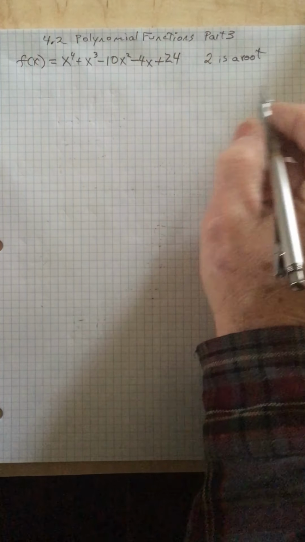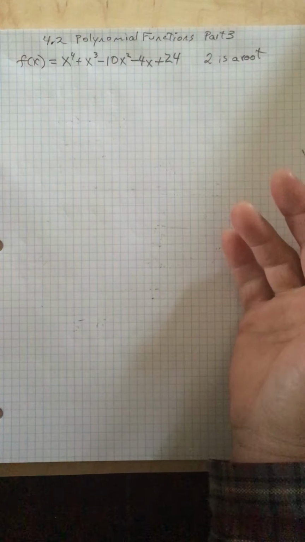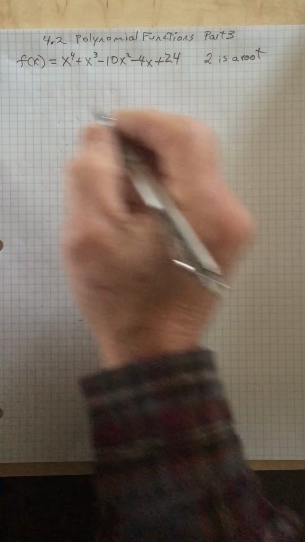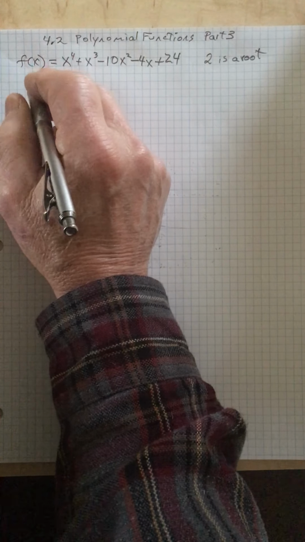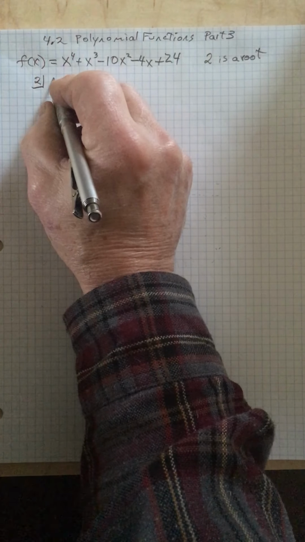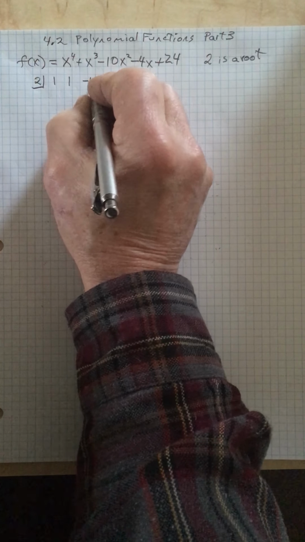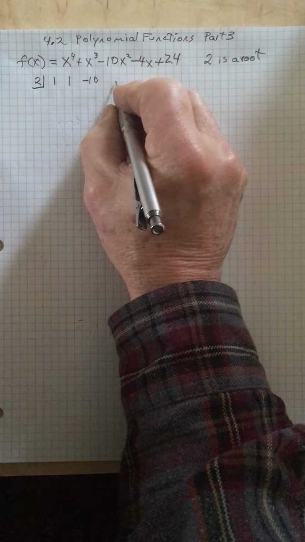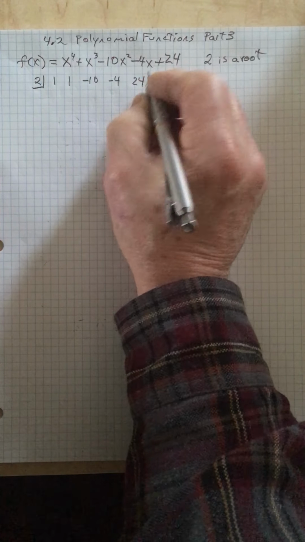Okay, so rather than write x minus 2 and try to do long division here, which we could do, synthetic division is a lot easier. So we can start with synthetic division and see where that takes us. So x to the 4th, x cubed, x squared, x, and finally the constant term.